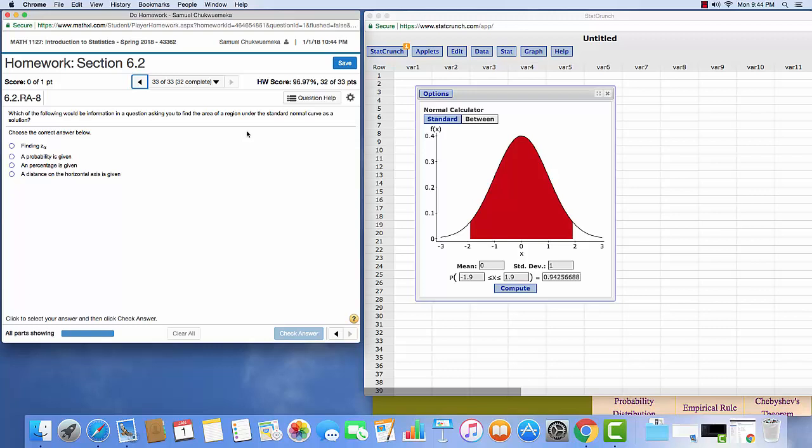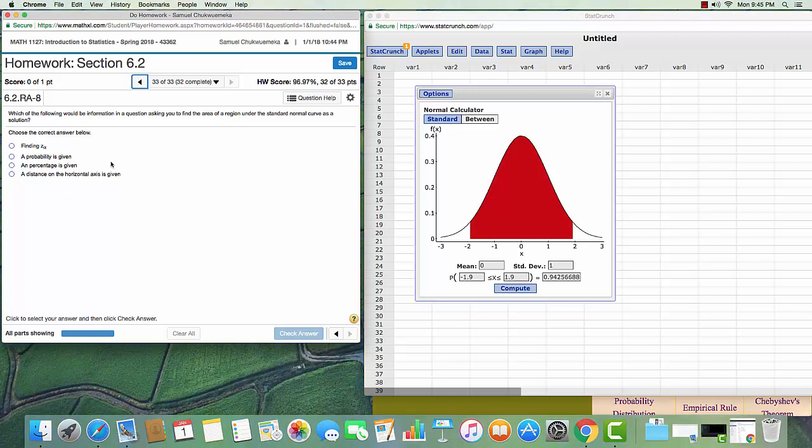So it's not finding the critical Z. A probability is given? No, they're asking you to find the area, so why would they give you the probability? Percentage and probability is the same thing. B and C are the same thing, no? So the correct option would be that they gave you the Z-score or the value of the variable.